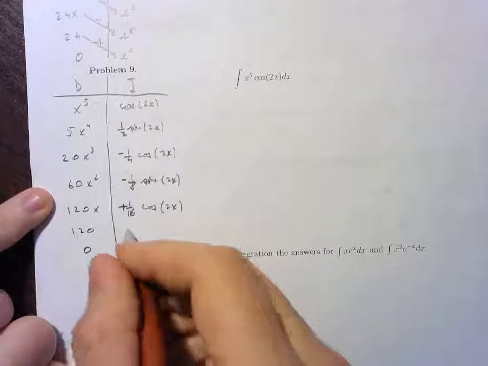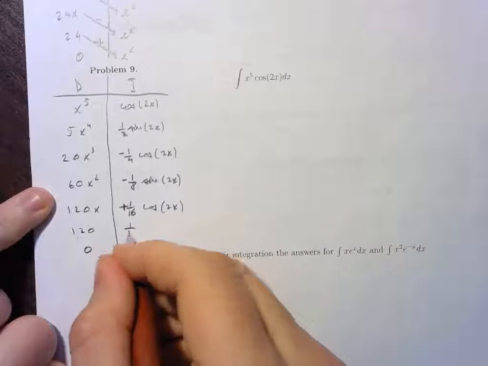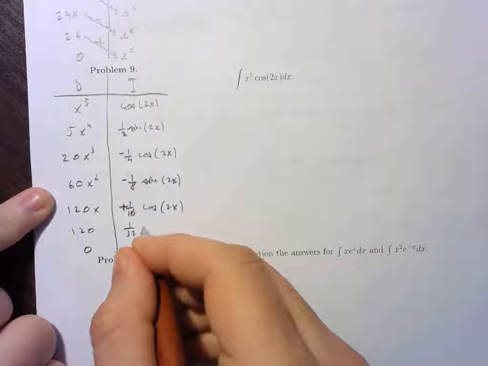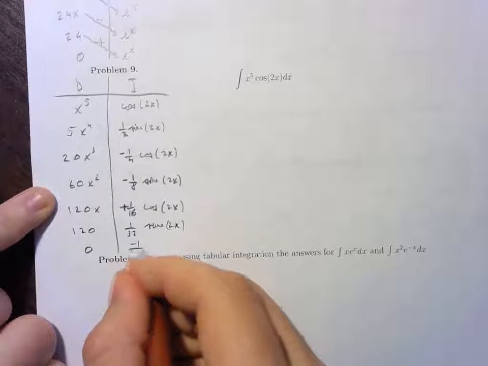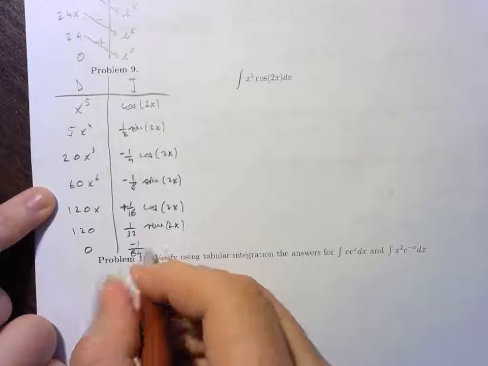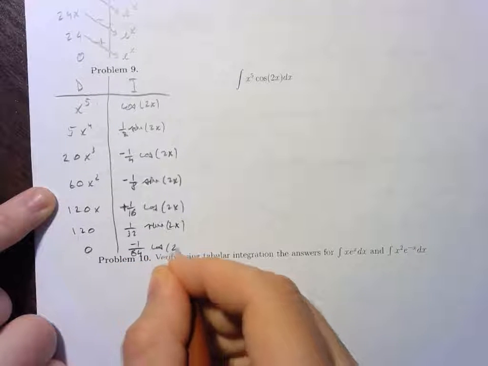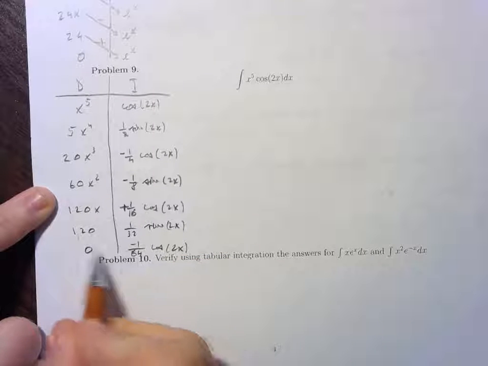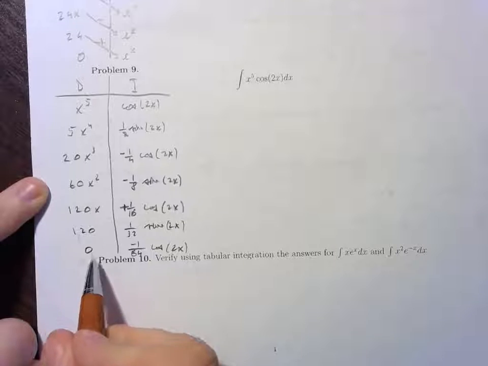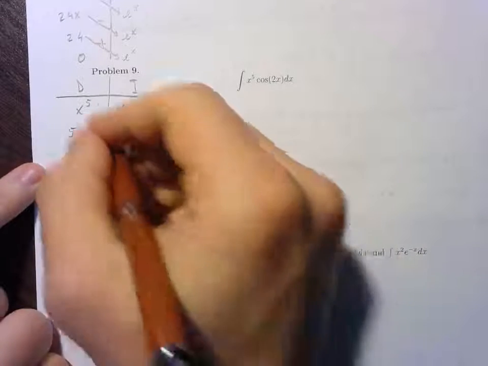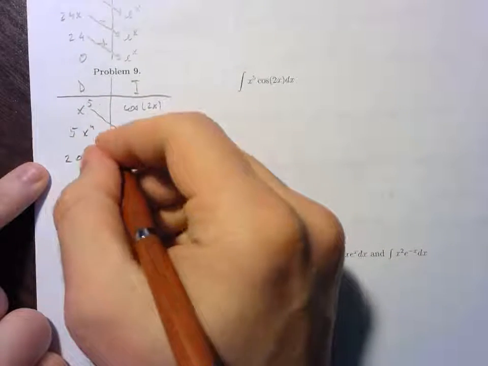And the integral of that is 1/32 sine of 2x, and the last one is negative 1/64 cosine of 2x, and I stop because I'm in the same row where the 0 for the derivative side was. So now let's draw the arrows as I did in the previous example.